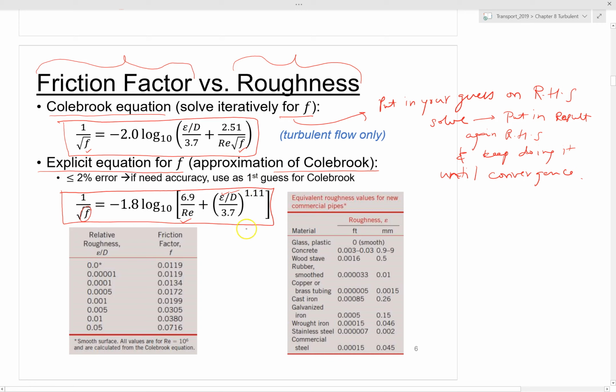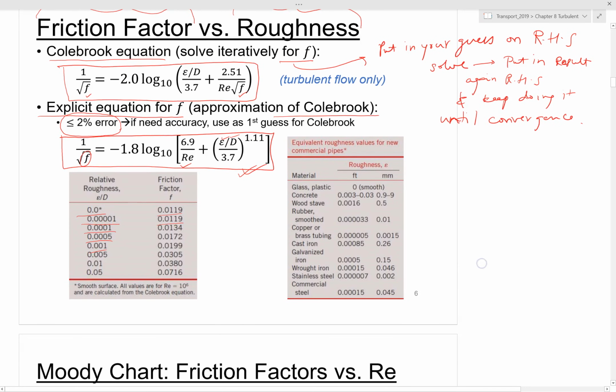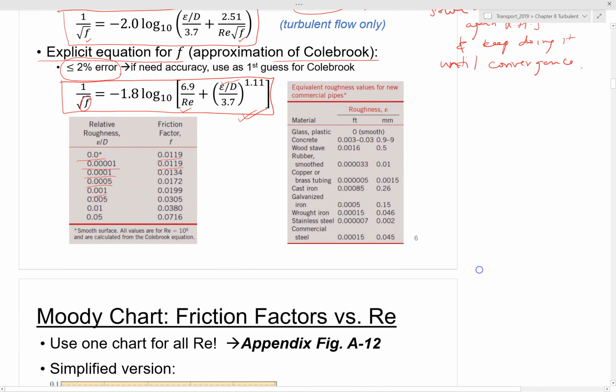This is the form which is right now used by engineers, mostly in handbooks which most chemical engineers carry around in the field. And note that whatever answer you get, depending on your relative roughness and the friction factor, it is not the most accurate one. There is always a plus minus 2% error involved, or it could be more. Okay, so this is one way to go about it.